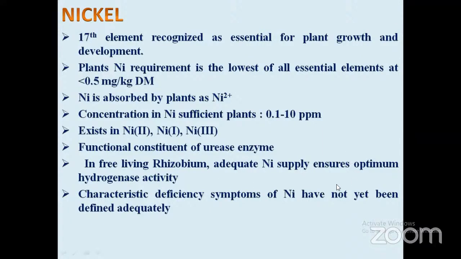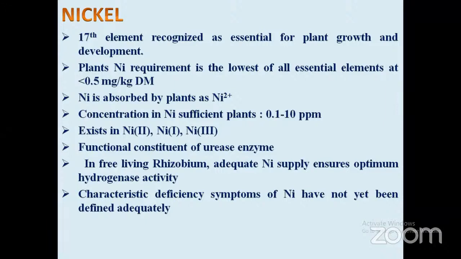Characteristic deficiency symptoms of nickel have not been defined adequately, but in a system where urea is used as the sole nitrogen fertilizer for foliar spray, and nickel supply is poor in soil, we have applied urea as the only source of nitrogen and there is no nickel in that soil. Then what will happen? Will the plant get the urea?